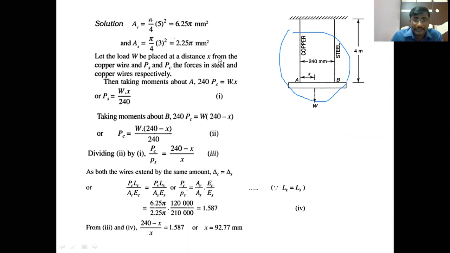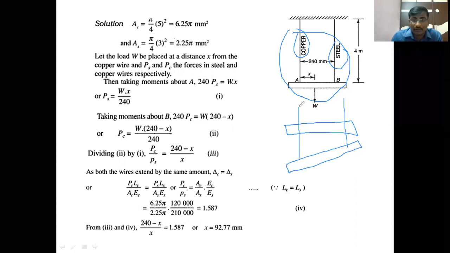Then only the bar remains horizontal after applying. If one of the wires elongates more, for example if the copper wire elongates more than the steel, then the bar's position is like this.